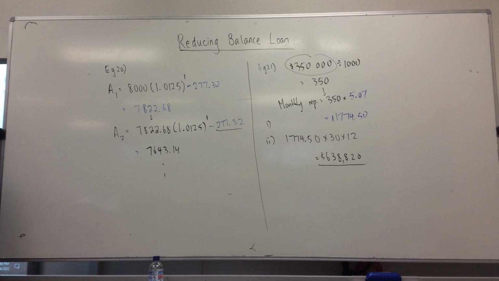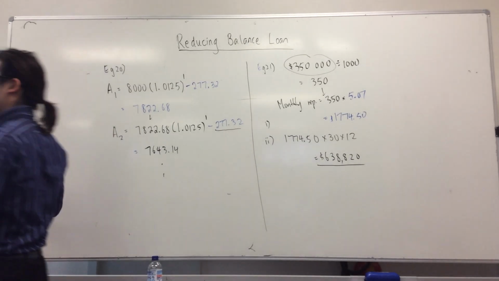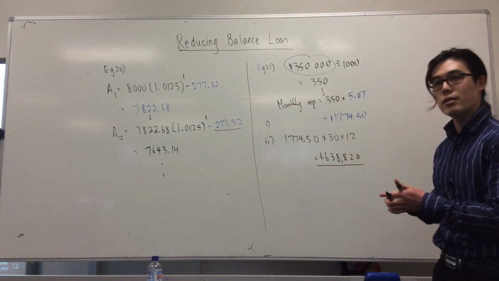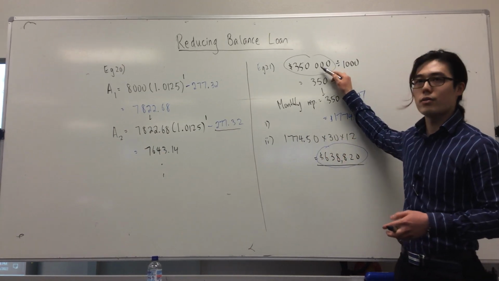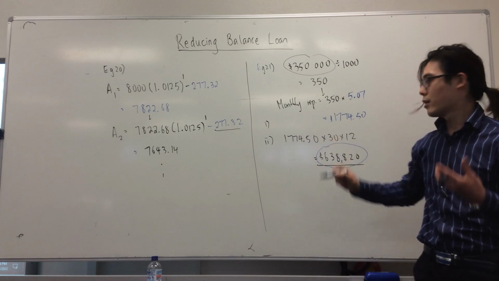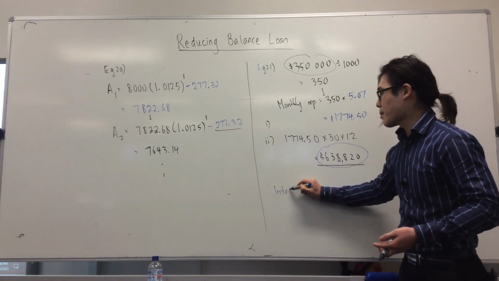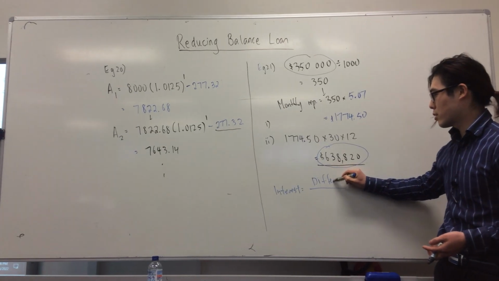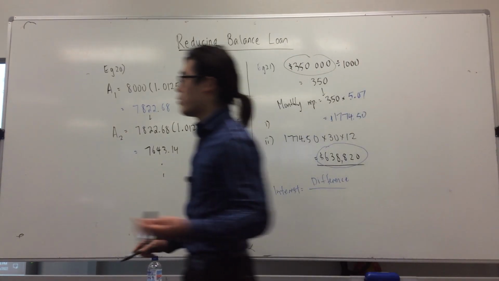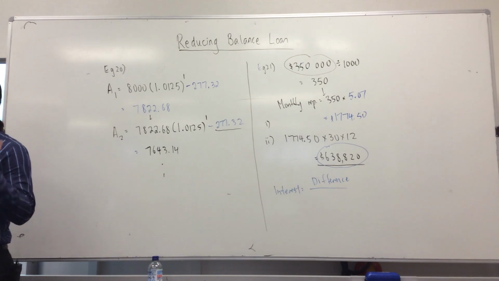Okay, so girls, going back to our example, the interest is the amount you paid in total, take away the amount you borrowed. Makes sense, right? It's the extra payment. So to get that as a percentage, it's that difference over, now what would it be over though? How much you borrowed.